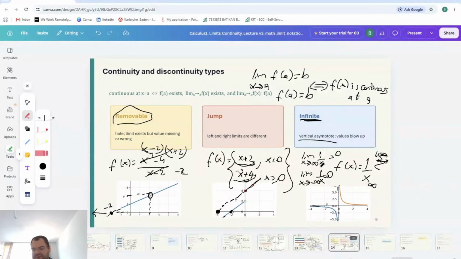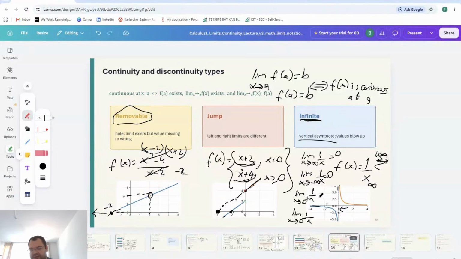When x goes to 0, we need to check the right and left directions: limit when x goes to 0 from plus, and limit when x goes to 0 from minus. So from the plus direction, from the right side, our values are this. We will end up with a very small positive number here.